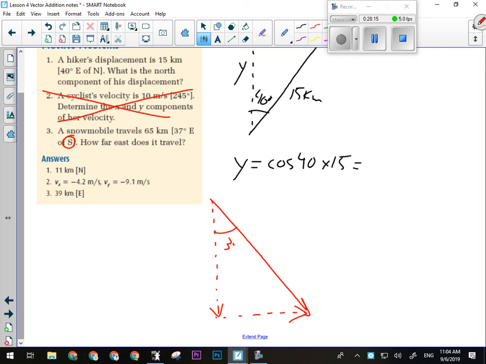Okay, so here's 37 degrees, here's 65 kilometers, right? And they want me to find out how far east, that's the x component, does it travel. So that's the opposite side. X equals the sine of 37 degrees, because sine's going to use the hypotenuse and the angle, okay, times 65.